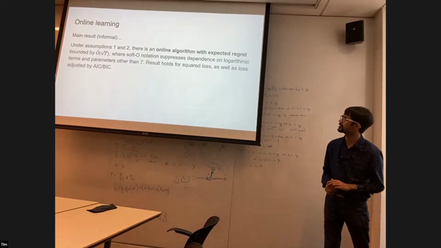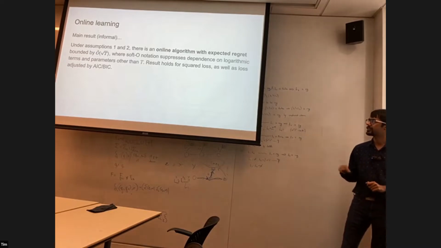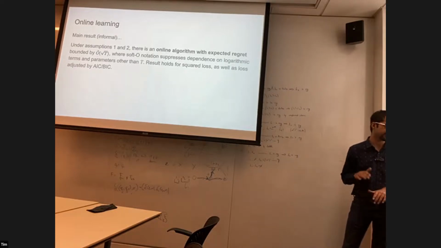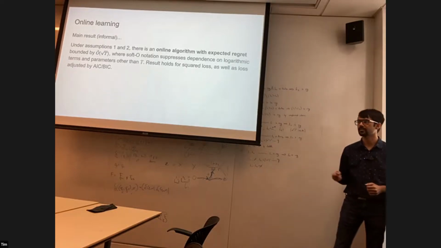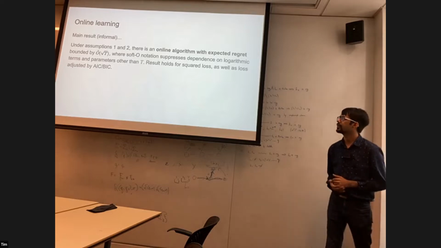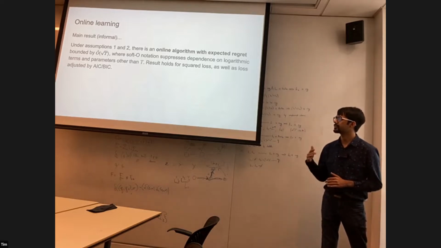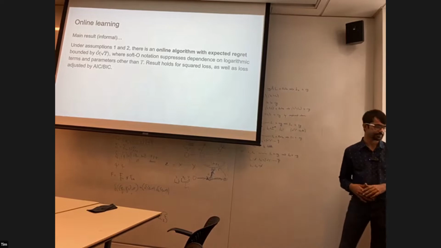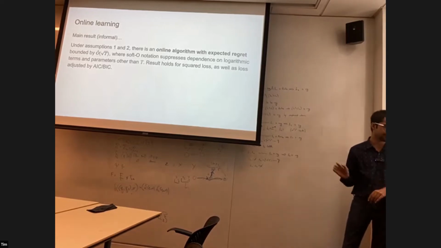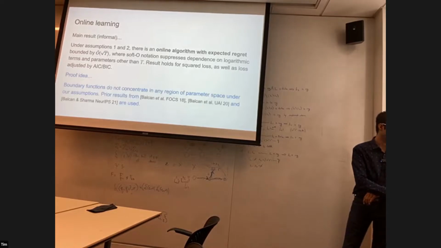So the main idea here is that as t increases, the expected regret only increases sublinearly, which means we converge to the performance of the optimal parameters at rate 1 over square root t. And again, as before, the results also hold for losses adjusted by popular information criteria.